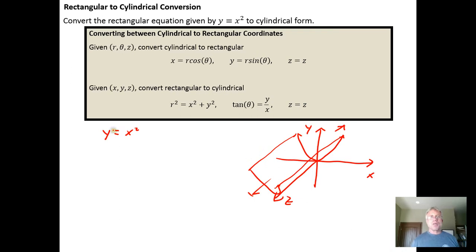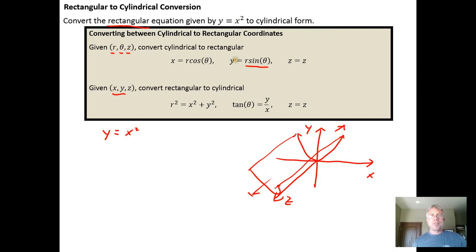So to do this one, we're going to recognize that y can be replaced with r sine theta. Again, to convert from rectangular into cylindrical form, I have a rectangular equation. I know that because of the x and the y. I need to get an equation that only has radius, theta, and z in it. Any of these can be missing, but I can't have an x or a y.